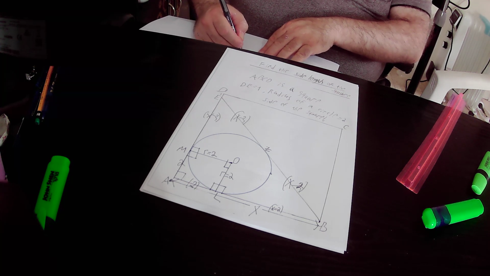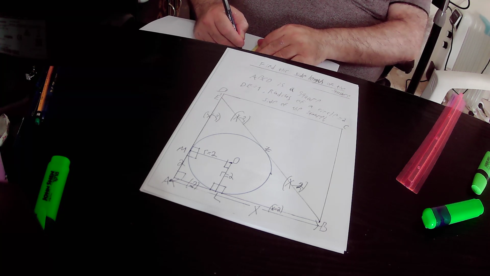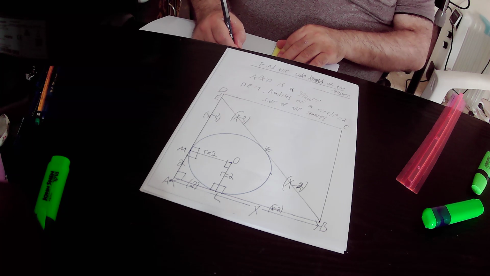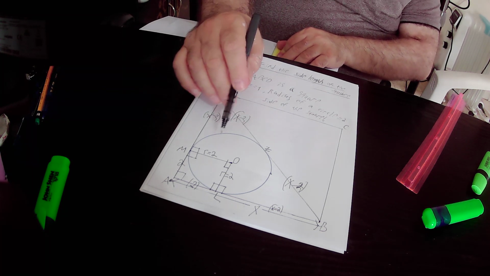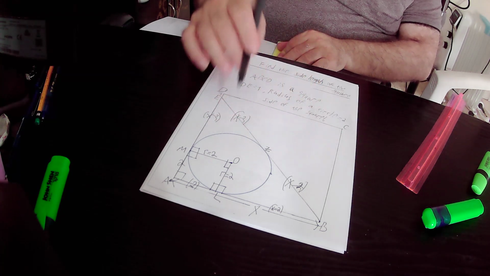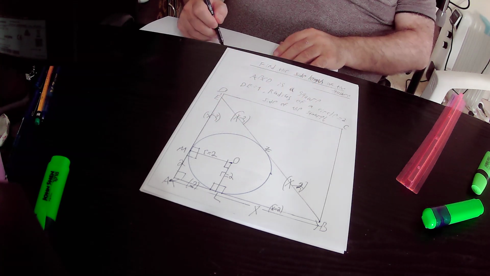So we just found out that AE equals x minus 1, and we've already found out that AB equals x according to our definition.